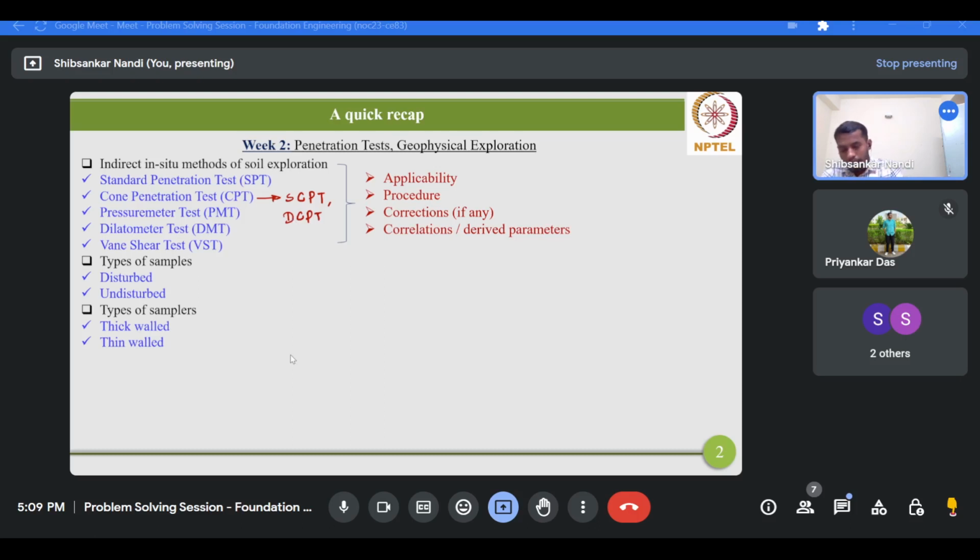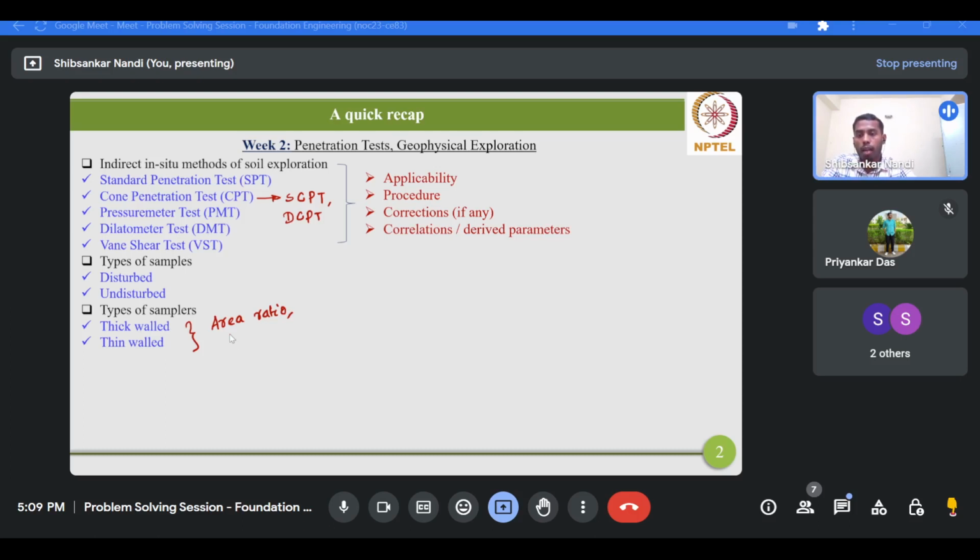Okay, I think all of you know about these parameters. These are nothing but area ratio, then inside clearance, outside clearance, then recovery ratio, and so on. These are a few indices or parameters of the samplers.